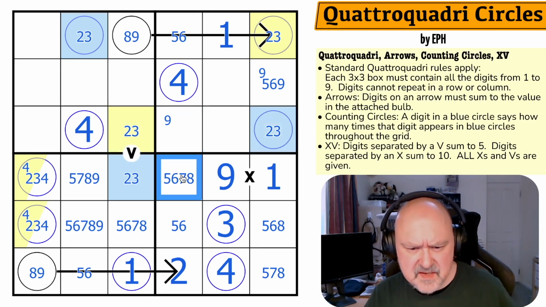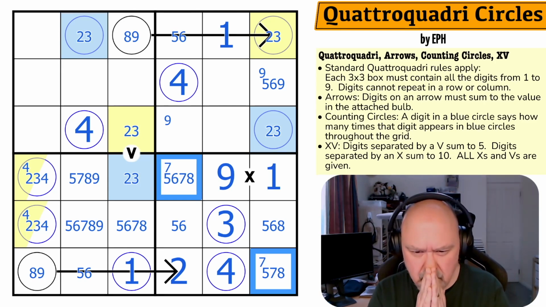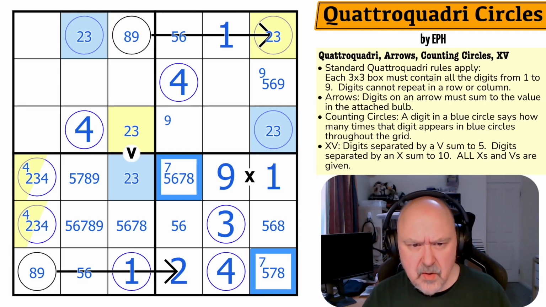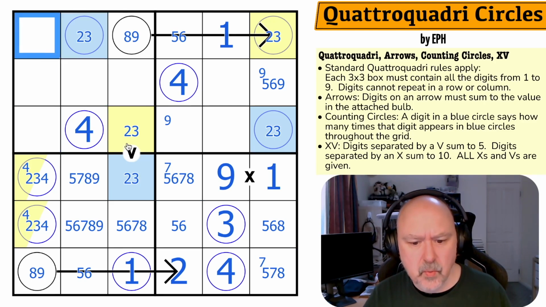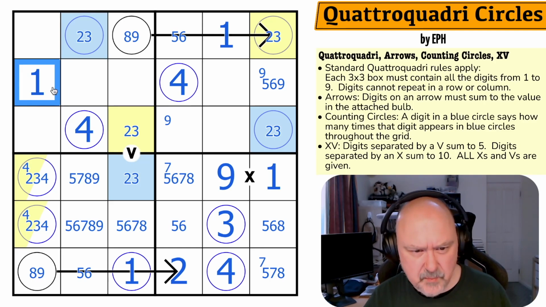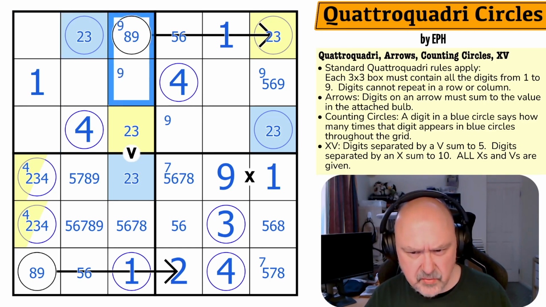But like 7 is in one of these two. 1 is in one of those. 1 can't go next to 4. 1 can't be here, 1 can't be here, 1 can't go next to 4. That is the one in the box. So 9 can't go in any of those. 9 is in one of those two.